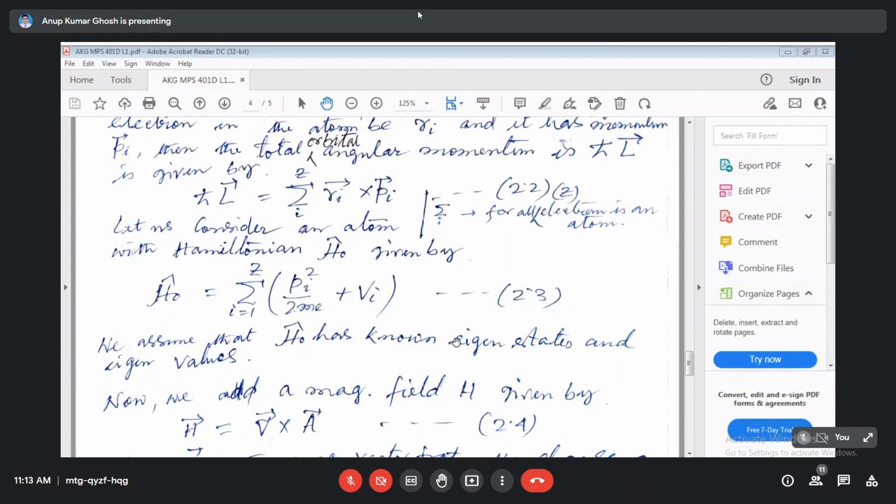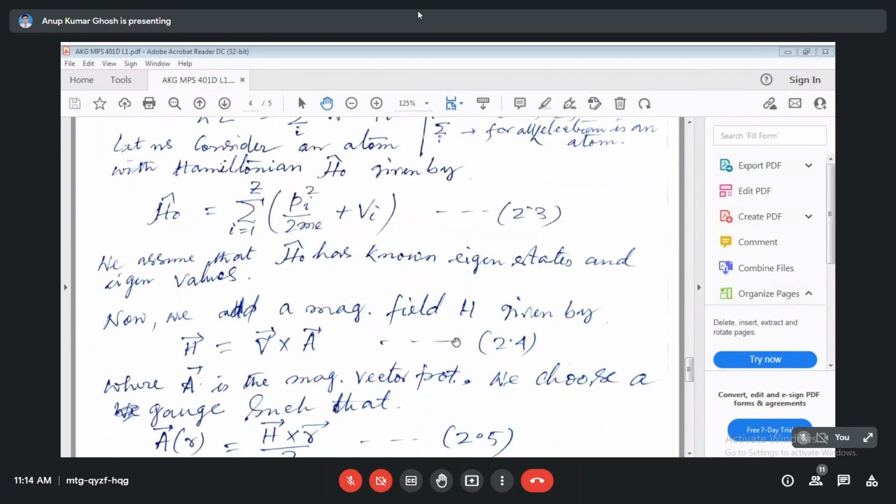It is given by H0 equal to the sum over i equal to 1 to Z of Pi square divided by 2 Me, that is the kinetic energy, plus the potential energy Vi.